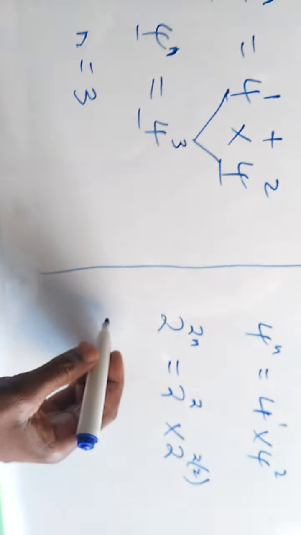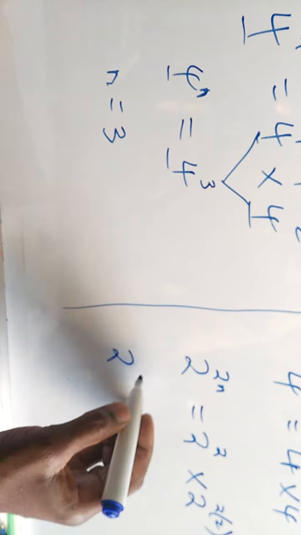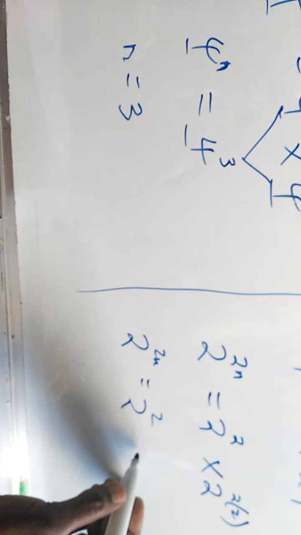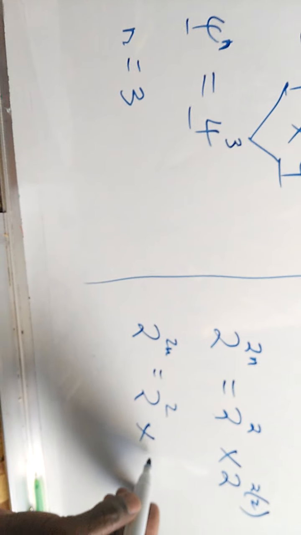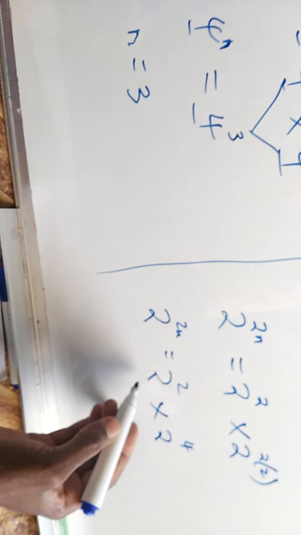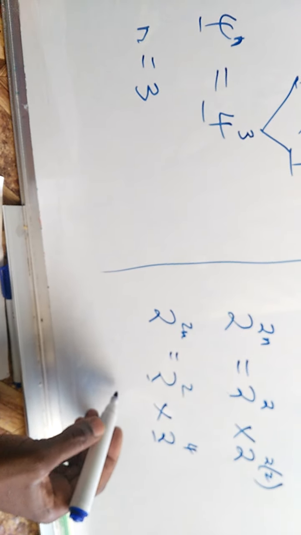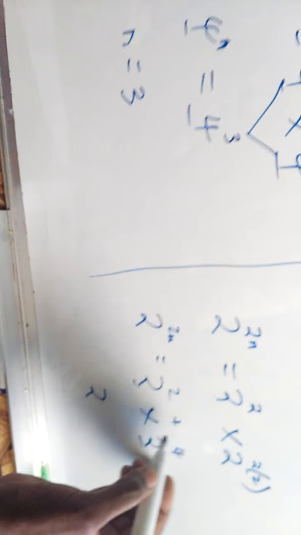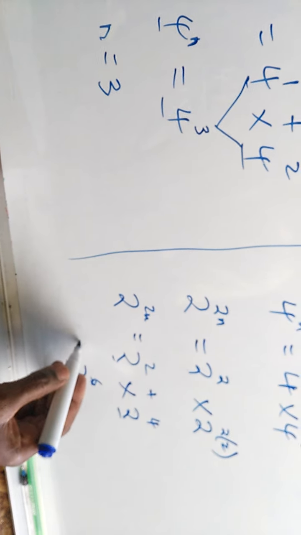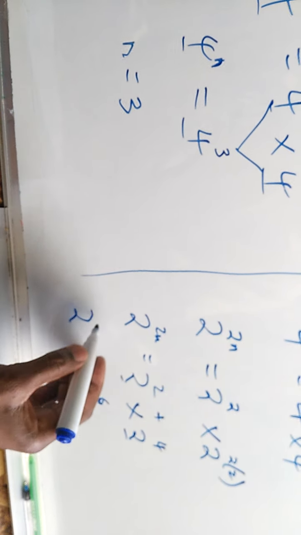Okay? And so we'll say 2 to the power 2n is equal to 2 to the power 2 multiplying 2 to the power of 4. These are the same. We'll get 1 and add the powers. And so that will give us 6. 2 to the power 2n.